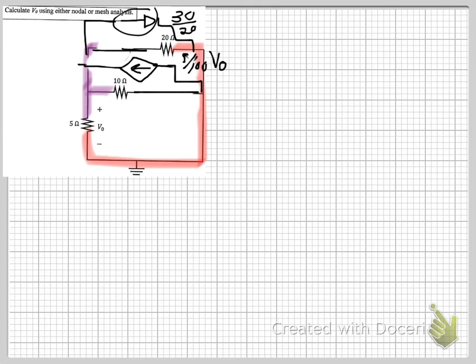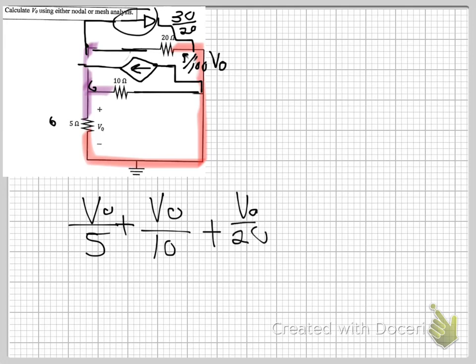So you have VO over 5 for here. Then you have VO over 10 for this resistor. That's plus. And then you have your VO over 20 for that resistor. And then looking at your current sources, here you're going to have negative 1 over 2 VO.